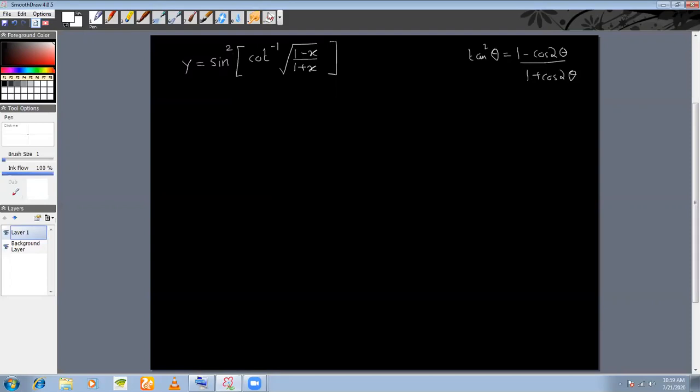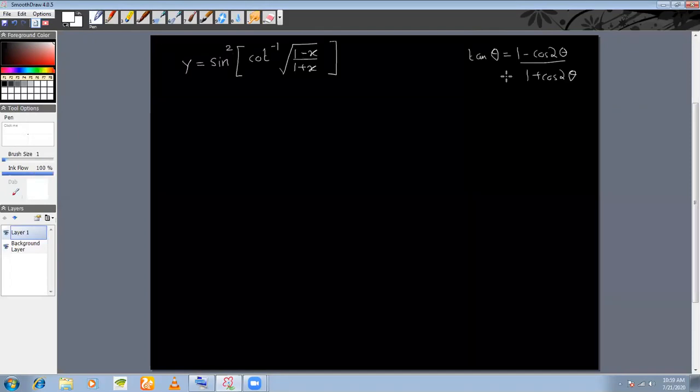Because if I remove this square, then tan theta is equal to the square root of this. So therefore what we do is we substitute x is equal to cos 2 theta.